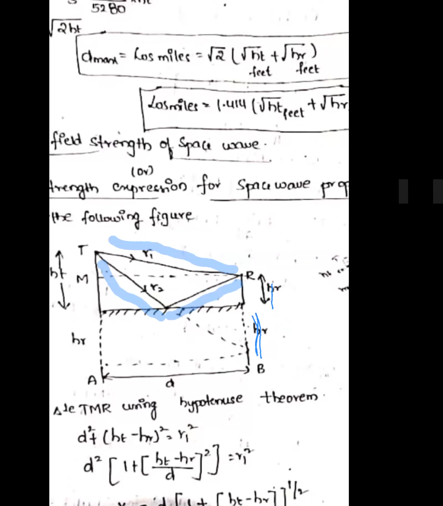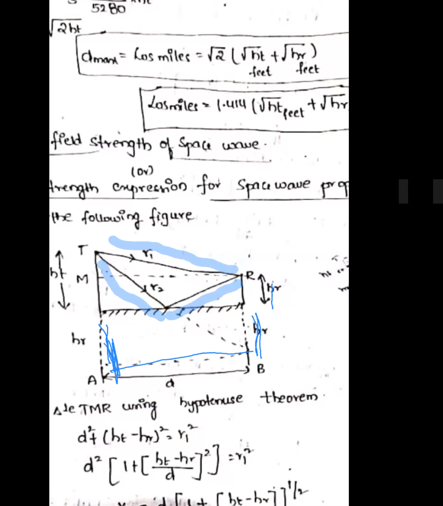The same HR is mentioned here. I am joining this line here. These dotted lines indicate the shadow region below the antennas. On the right side also it is the height of the receiver antenna only, shadow. On the left side also it is the height of the receiver antenna only, shadow.